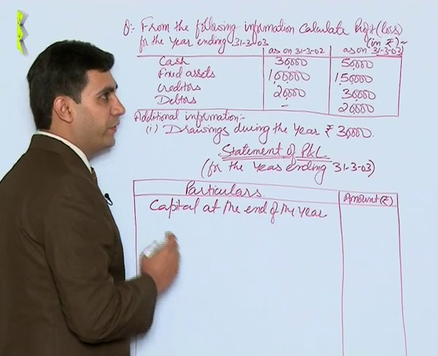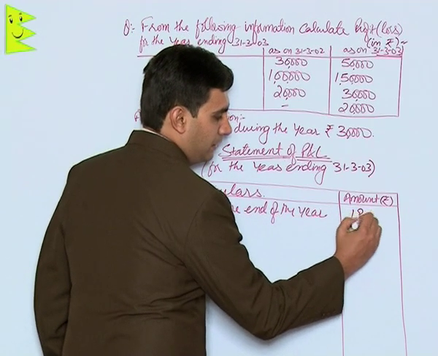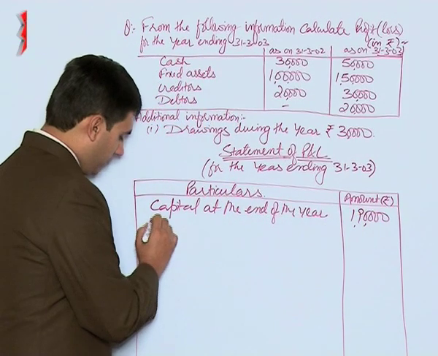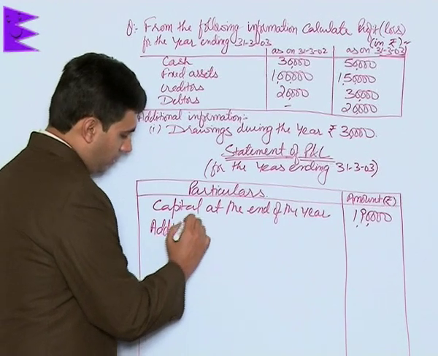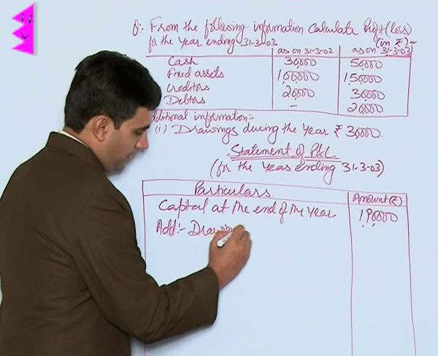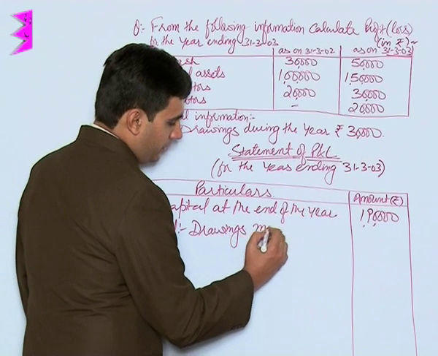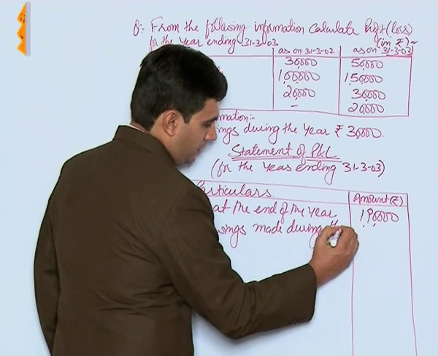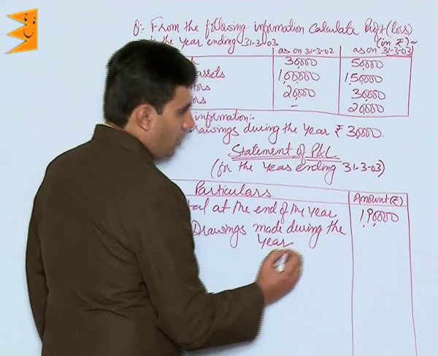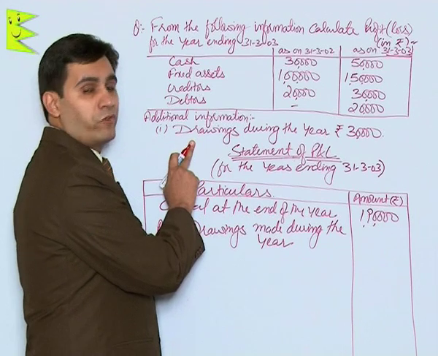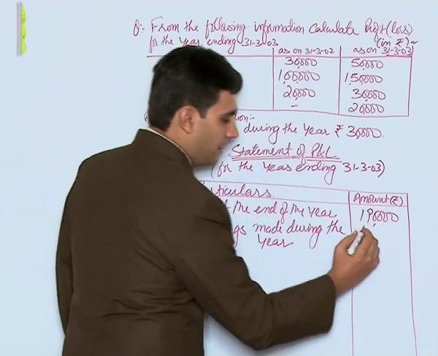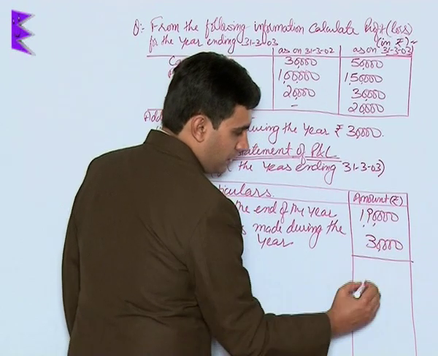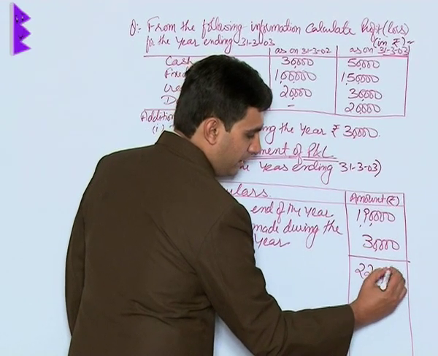We had calculated this figure to be rupees 1,90,000. To this figure we will add drawings made during the year. It is given to us as additional information that drawings during the year were rupees 30,000. So adding this amount, this total comes to 2,20,000.